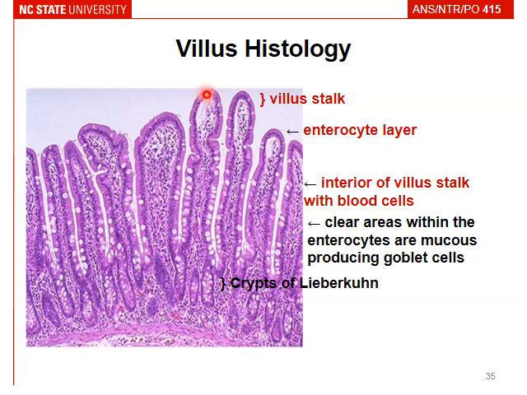And here at the top, we have the enterocyte layer. You can also see here that these cells are actually columnar. So all the nuclei are at the bottom near the basement membrane. All those little dots indicate a cell. They're all close together. So we have the villus stalk up top.